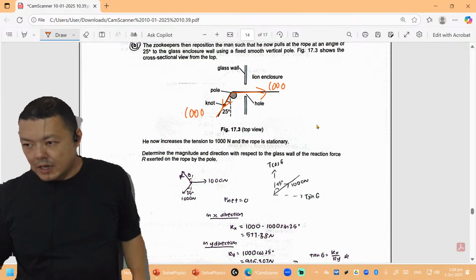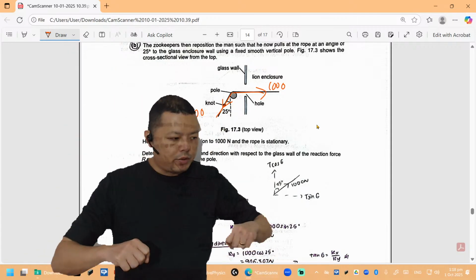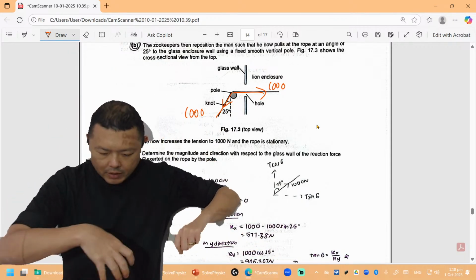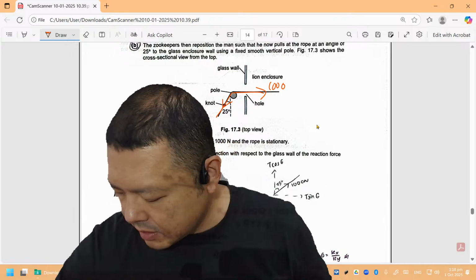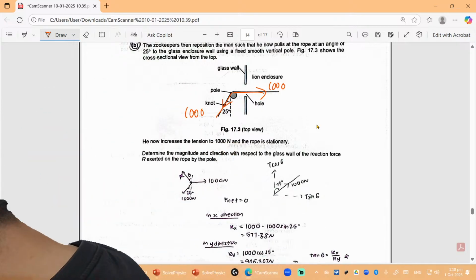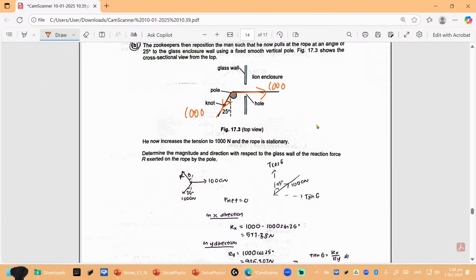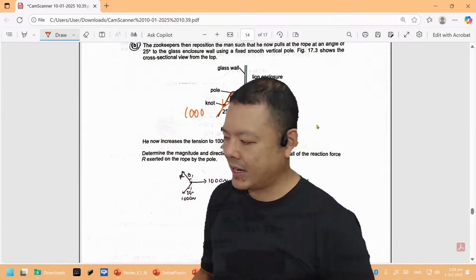What you can do is imagine a rope, put a bottle here like this, and then imagine a rope that's being pulled, looped around, and then you pull both sides. So the bottle will feel forces from both sides, and therefore it'll go in the middle. That's the idea why.